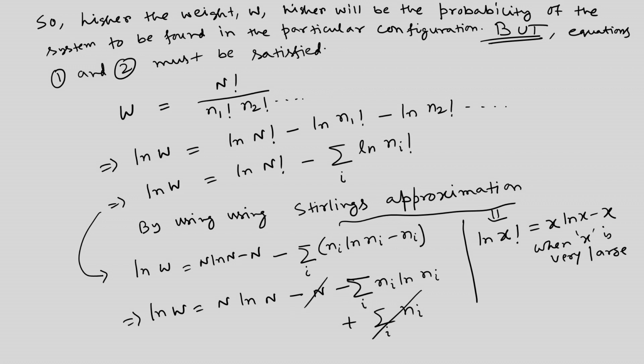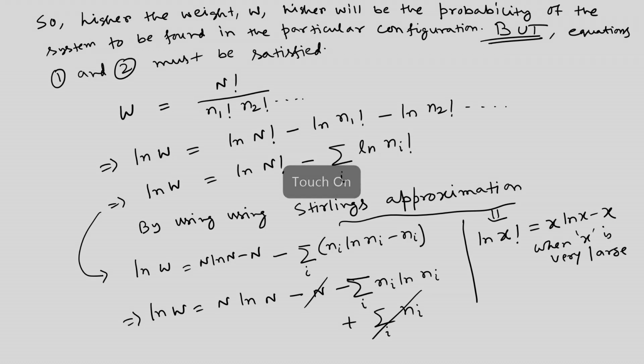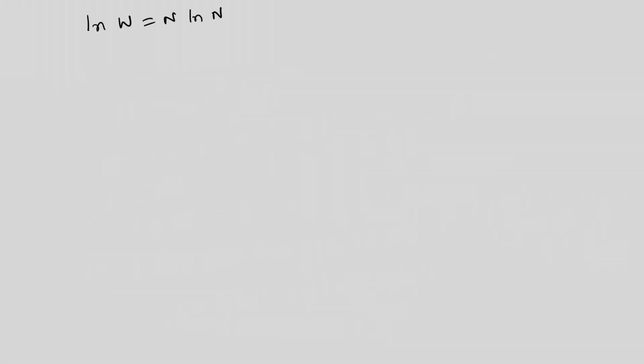So, they get cancelled. So, we get ln W is N ln N minus sum over i n_i ln n_i.